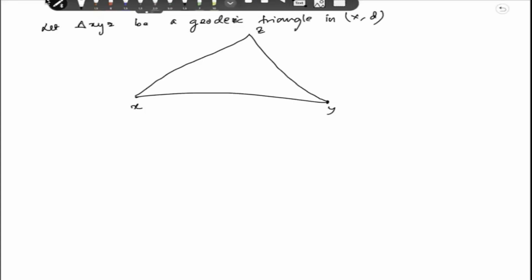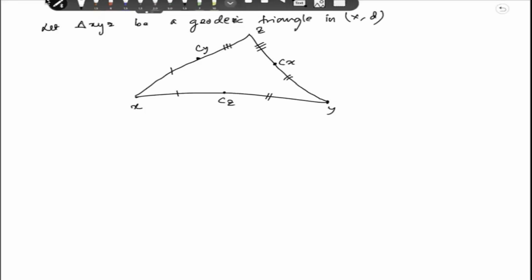So we obtained these points Cz, Cx, Cy, such that distance between X and Cy is the same as distance between X and Cz, distance between Y and Cz is the same as distance between Y and Cx, and distance between Z and Cy is the same as the distance between Z and Cx.